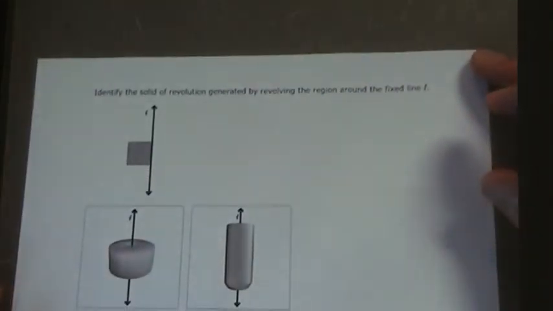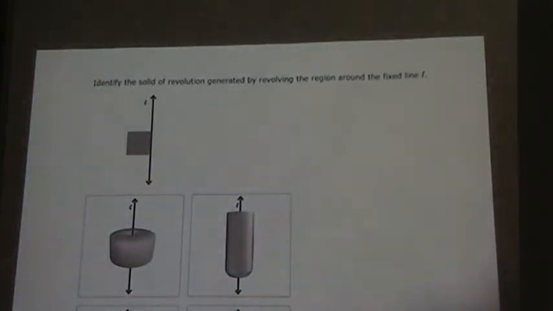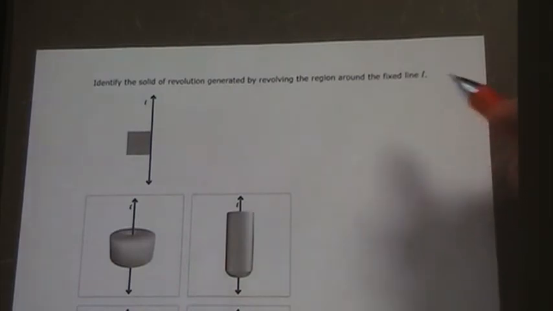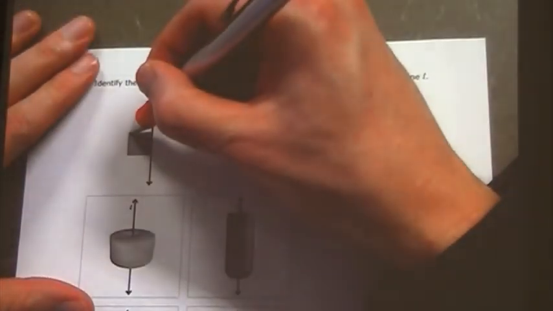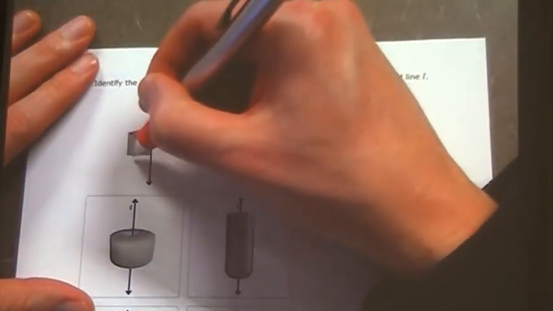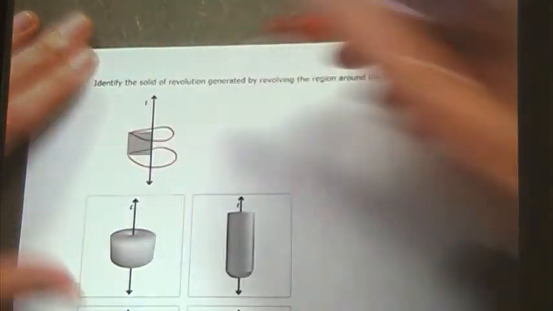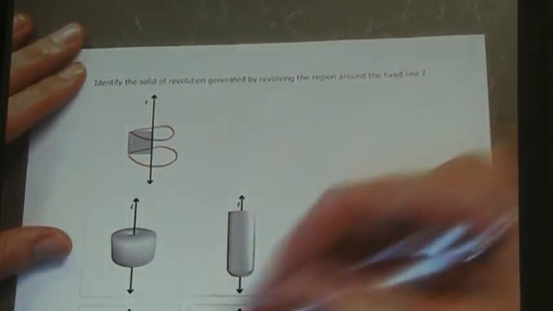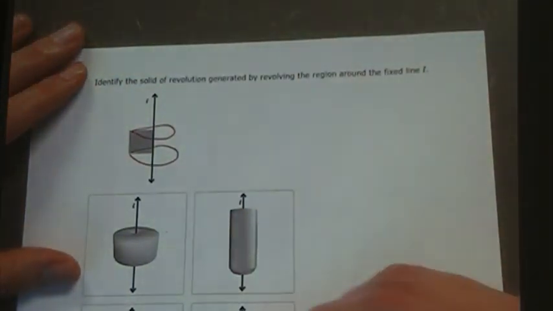And last but not least, these guys are solids made by something rotating around a line. So if we were to rotate this guy, which one of these guys does it probably become? Well, it definitely doesn't become a cone.